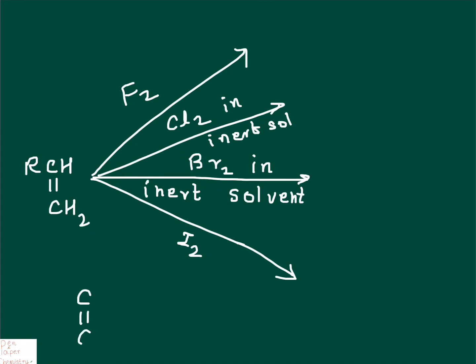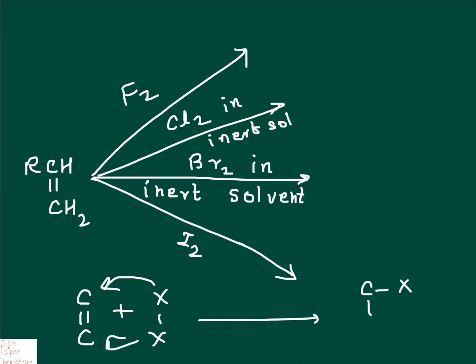So C double bond C, let me represent the halogen as XX. When addition of a halogen takes place across the double bond, an addition product is formed, that is a dihalide is formed, and this reaction is known as halogenation, right?